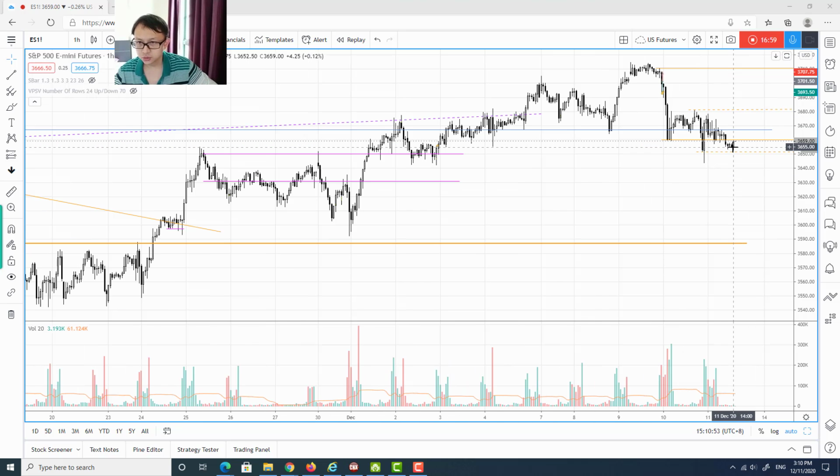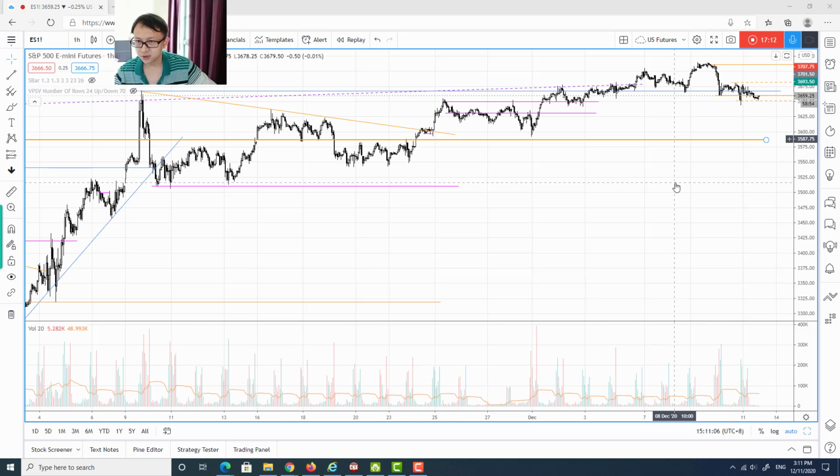So we just need to wait for the market to show its actions, because right now, apart from the support level at 3630, if this also fails, then I think definitely it will go back to 3590. That is the next support level.